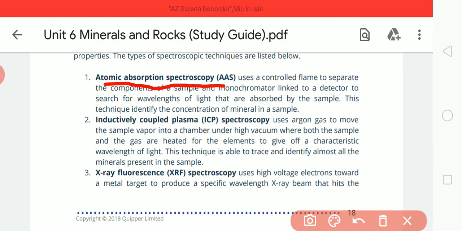It uses a controlled flame to separate the components of a sample and a monochromator linked to a detector to search for wavelengths of light that are absorbed by the sample. This technique identifies the concentration of mineral in a sample. So, atomic absorption spectroscopy uses a controlled flame.